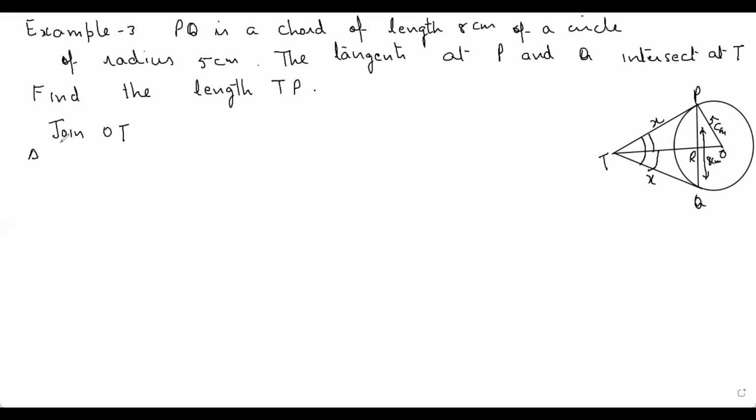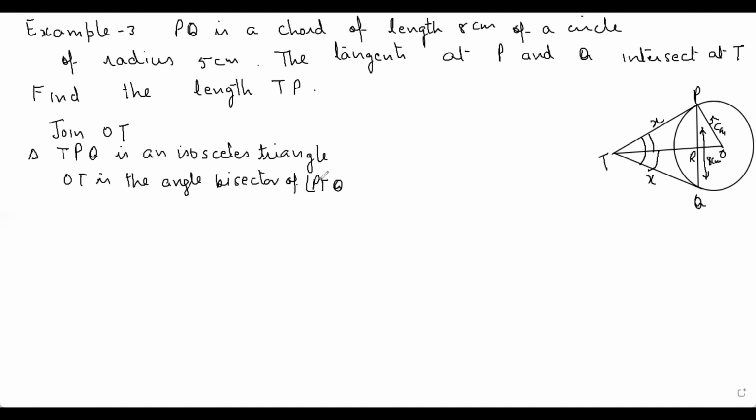Let me write this. Triangle TPQ is an isosceles triangle. OT is the angle bisector of PTQ. It implies OT is perpendicular to PQ.